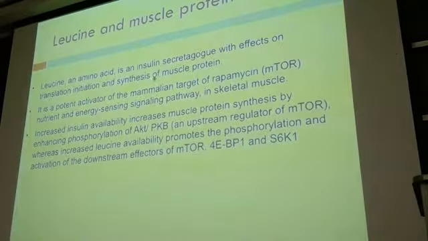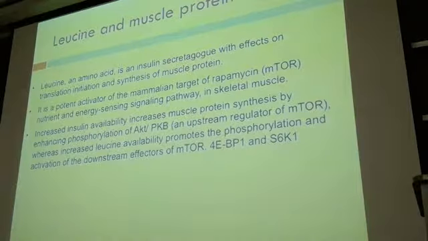So leucine increasing insulin secretion itself increases protein synthesis directly, and it does so through phosphorylation of AKT, PKB, which you probably know by now is a generalized regulator of mTOR through insulin action.